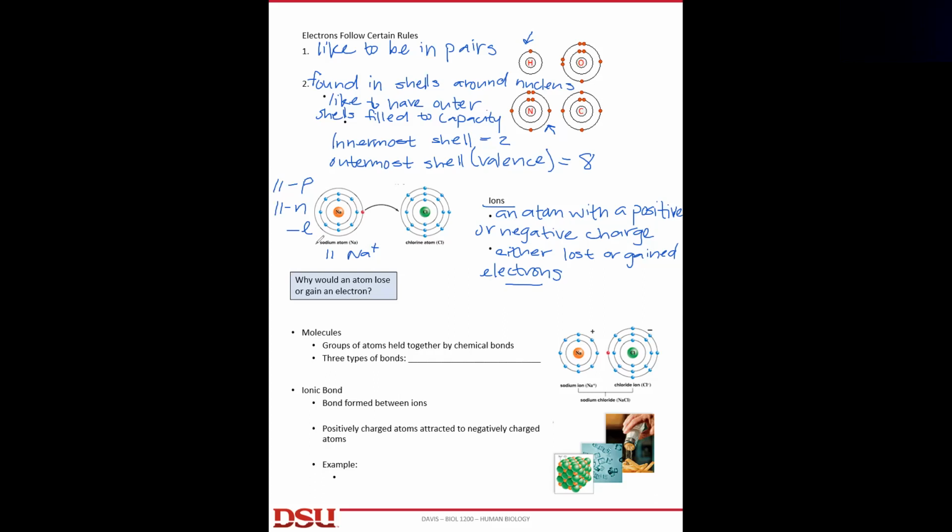It's positive, so how many electrons is it going to have to make it positive? Hint, it doesn't have 11. It has 10. The fact that it has 10 means it has one less electron than proton, giving this a positive charge.